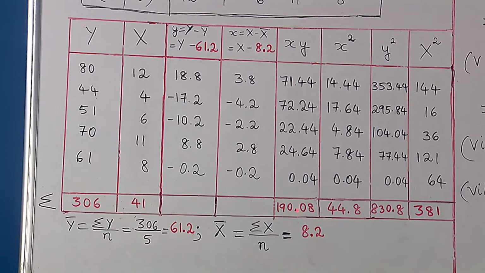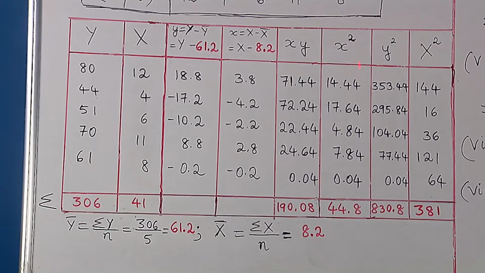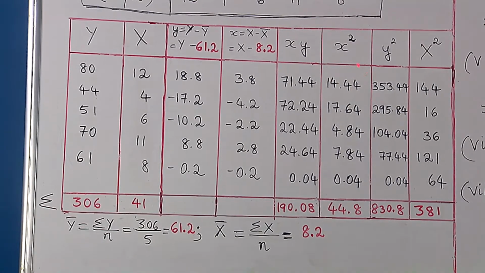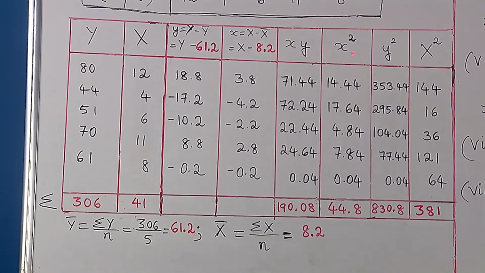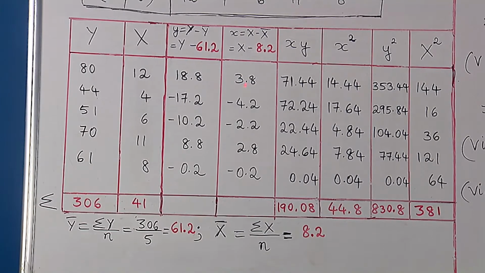In the next column, we go with the square of the deviation, that is small x squared. So, the x square value has to be found. Here the first deviation x value that we have got is 3.8.